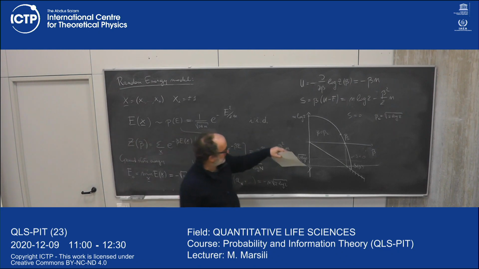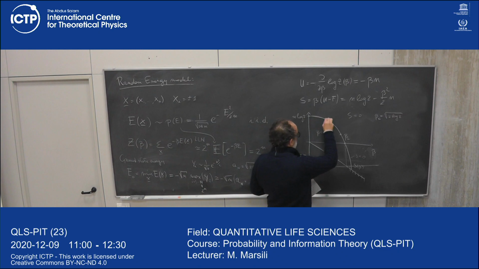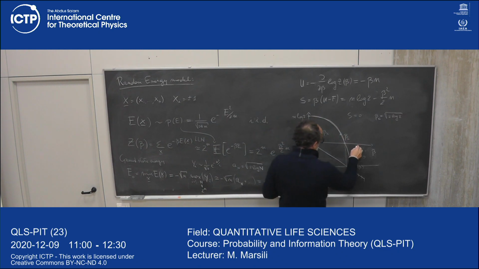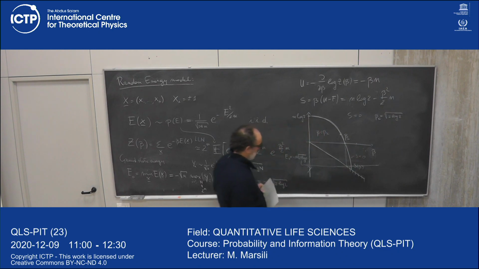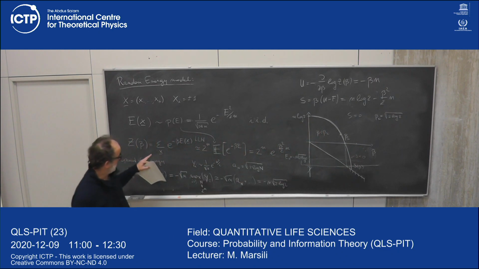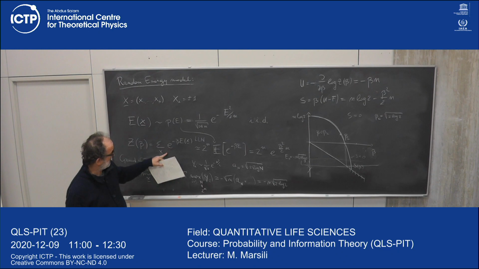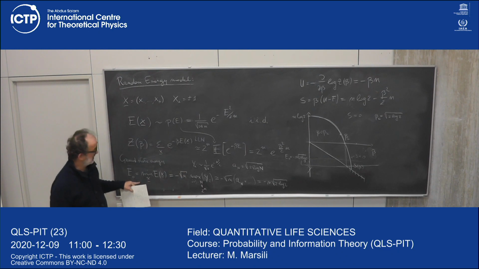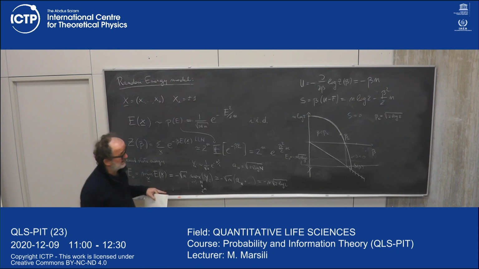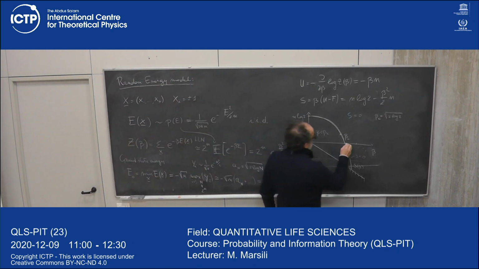And then this curve is essentially okay. But in this region, when beta is larger than beta critical, this sum is dominated by just one term, which is the ground state energy. So essentially the entropy is 0, so the true entropy here should be equal to 0.